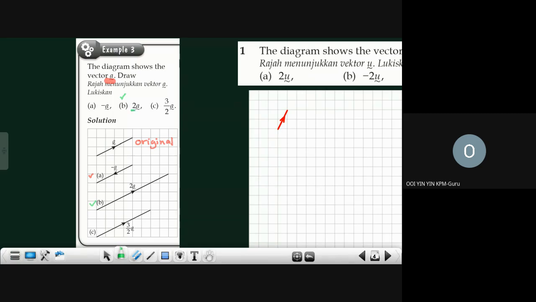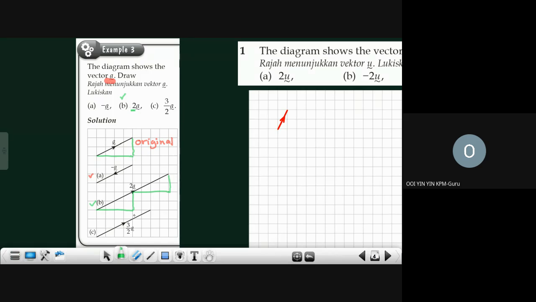Its magnitude is 2 times. Here you see 4 units, 2 vertically; this is 1, and then another 4 units and another 2 vertically. So you see it is twice the original. That's why it's 2.